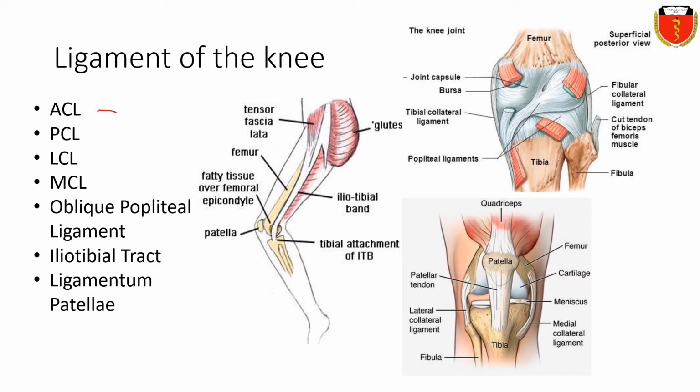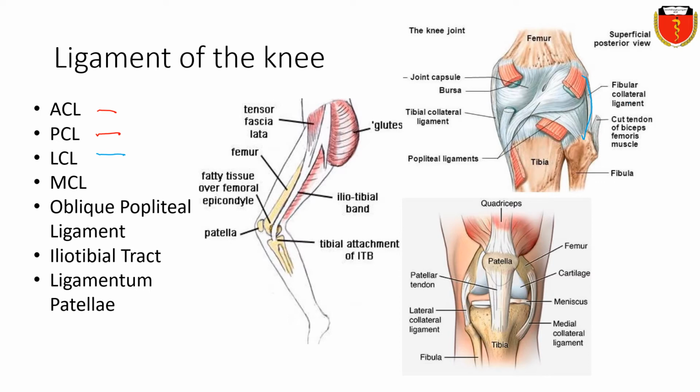The posterior cruciate ligament crosses the anterior cruciate ligament. It provides the opposite function, the posterior stability of the tibia over the femur. Then we have the lateral collateral ligament. As the name suggests, it stays at the lateral side of the knee, connected from the condyle of the femur to the lateral condyle of the tibia as well as the head of the fibula.